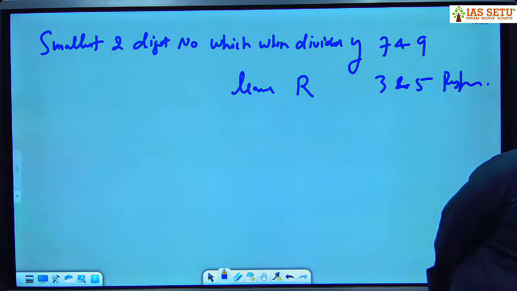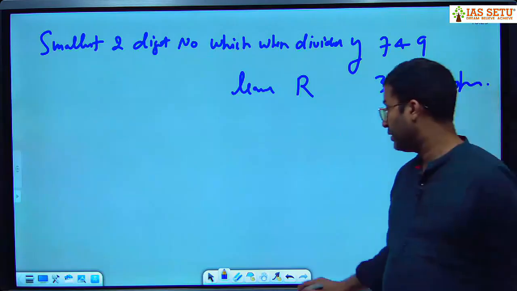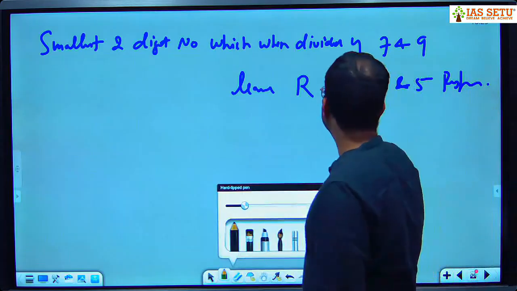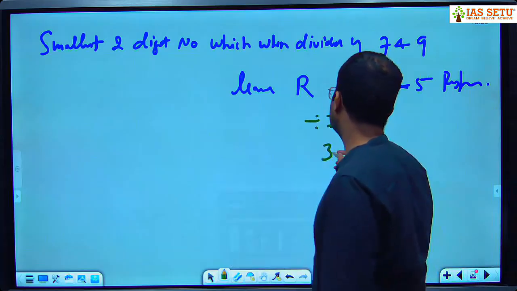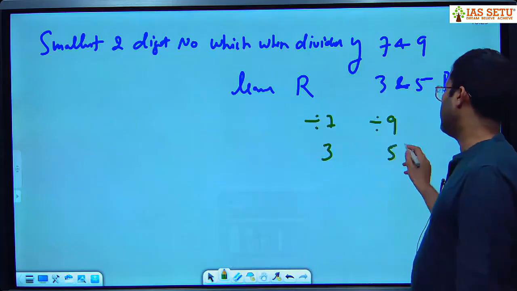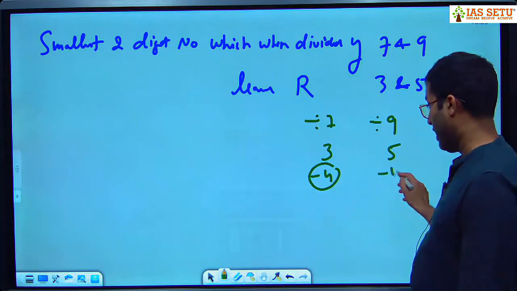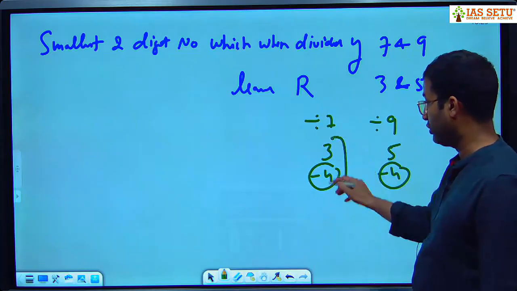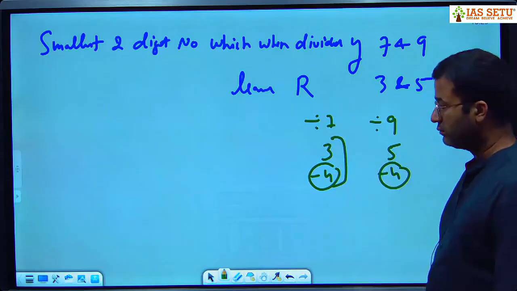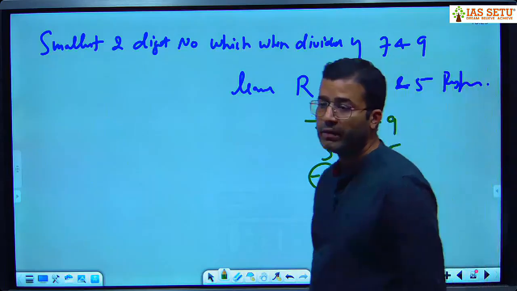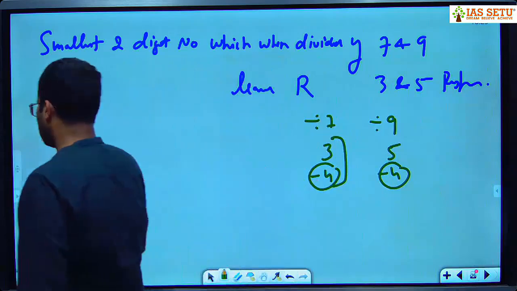So here what will help? Negative remainder. Step number 1, when we divide by 7, positive remainder 3. When we divide by 9, remainder 5. So what is negative remainder? 4 and 4. क्योंकि इनका टोटल डिवाइजर के बराबर है. So what will help? LCM plus R or LCM minus R?